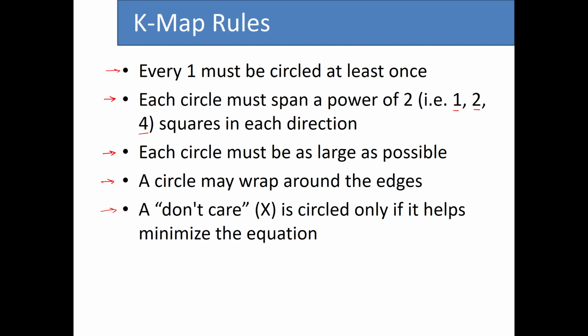Each circle must be as large as possible. A circle may wrap around the edges. And finally, if we have don't care, we circle them only if they help us to minimize the equation.